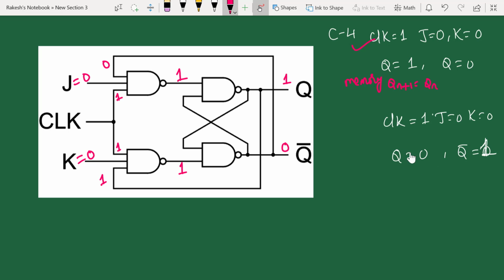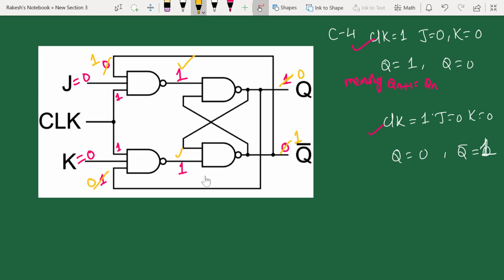Suppose if you consider previous output as 0, now we'll see. So I am considering my previous output as 0 here, then this will be 1 here. Now this 1 will travel here and be applied here, and this 0 will travel here and be applied here. Now if you look at here, 1 into 0 into 1 will be 0, 0 bar will be 1 once again. Here also 0 into 0 into 1 will be 0, 0 bar will be 1 once again.